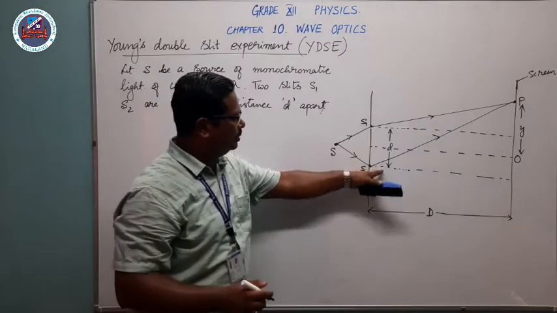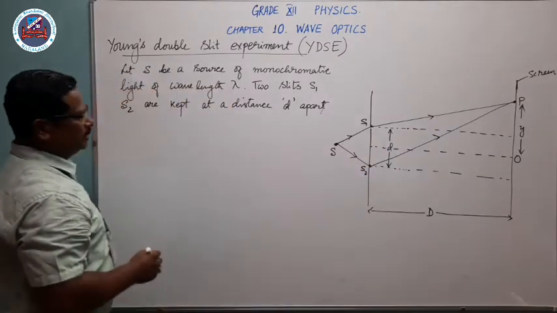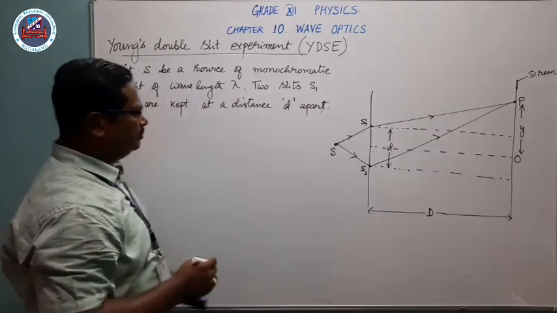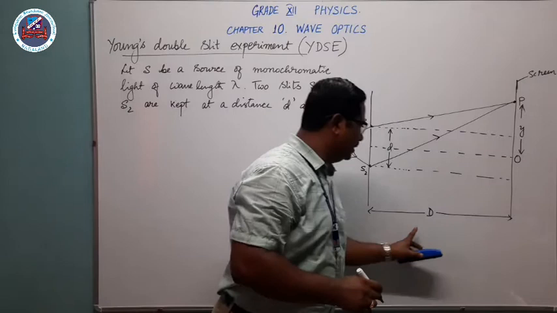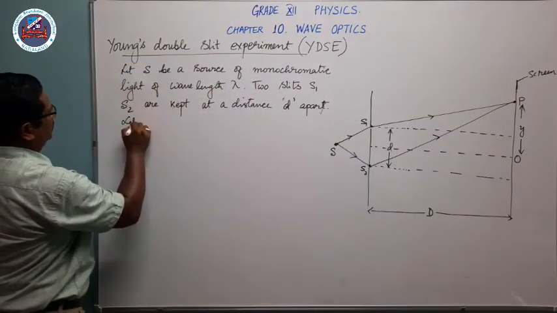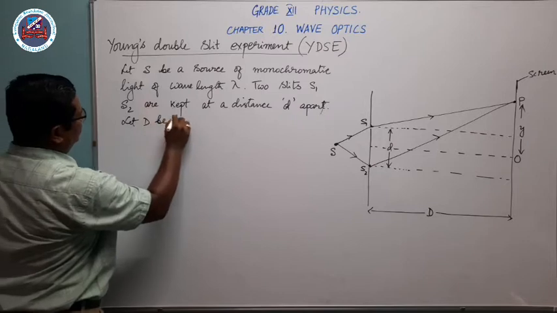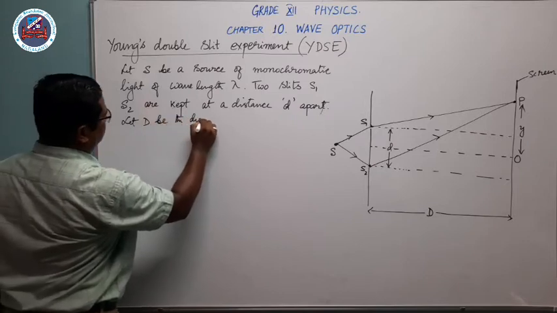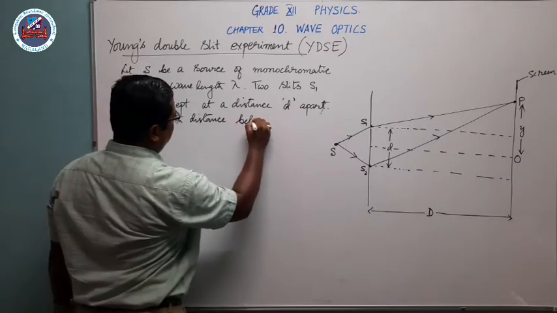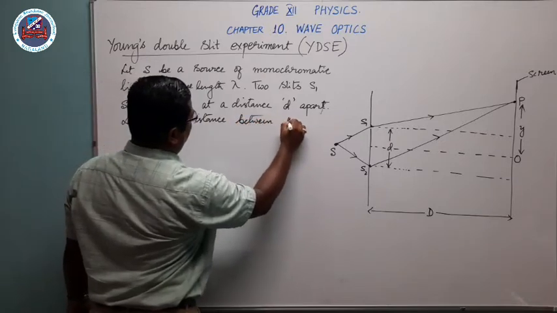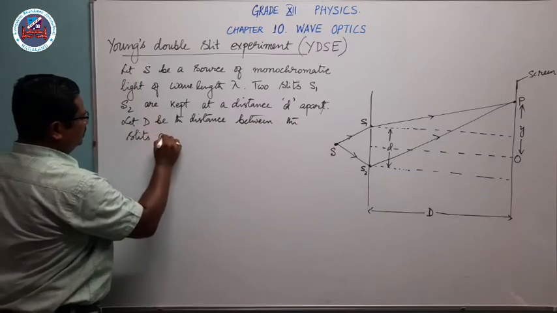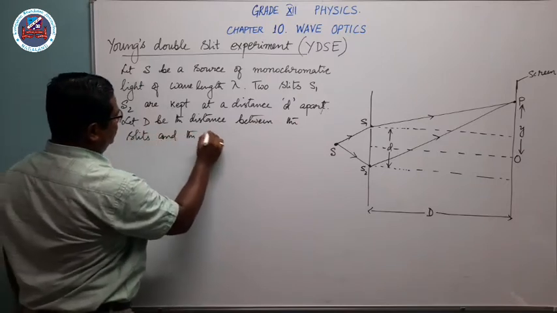The distance small d apart from each other. And then let D be the distance between the screen and the slits.